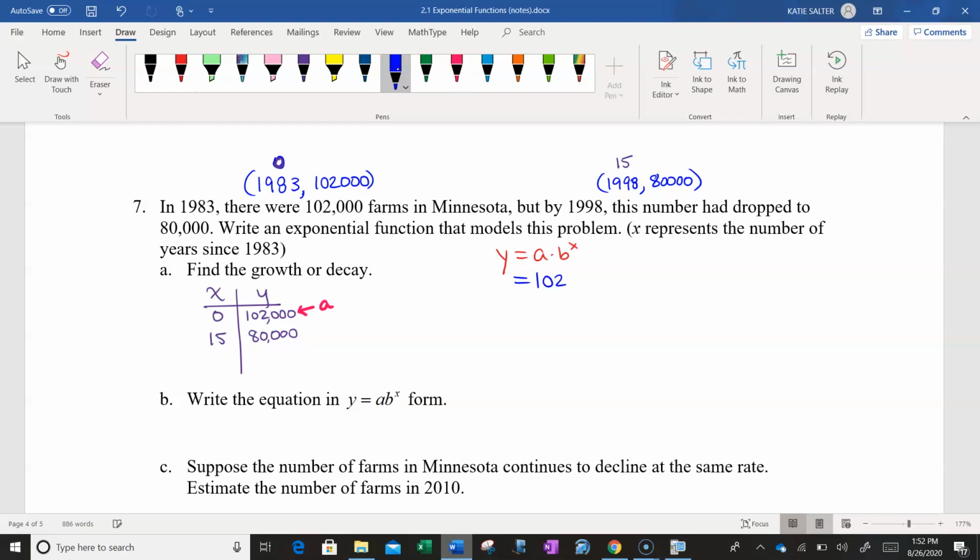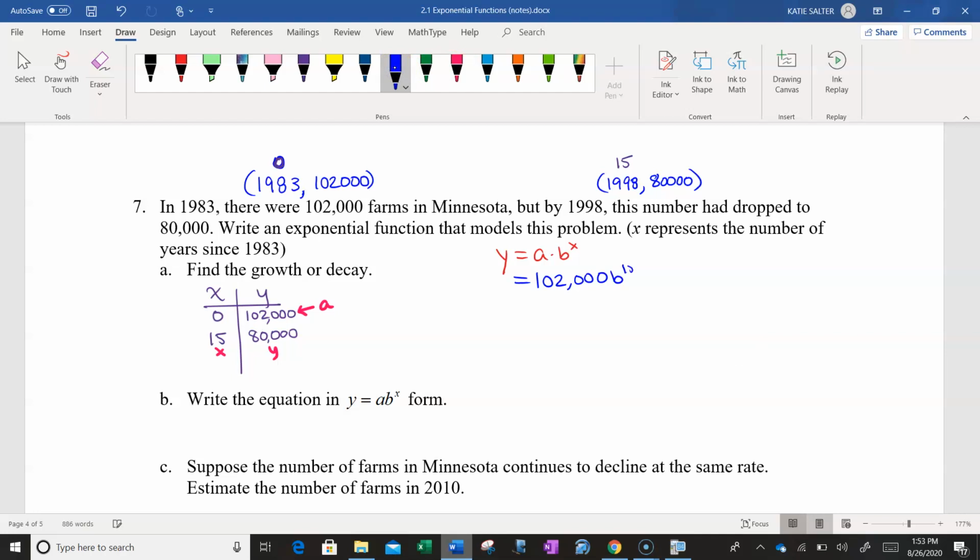All right, the problem is we don't know the multiplier in this case. So we need to figure out what that multiplier is. But what we do know is another point on here. So we're going to substitute this point, 15, 80,000, in for x and y in our formula so that we can solve for that base, for that multiplier.